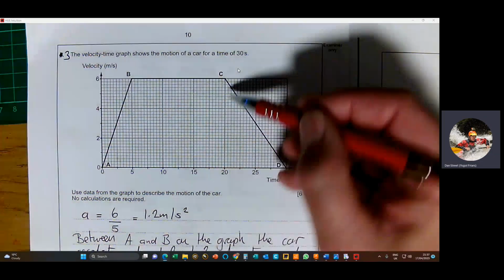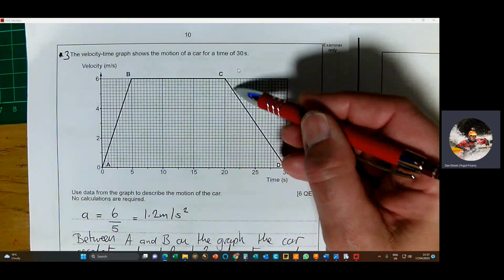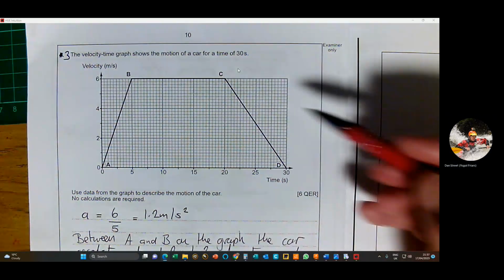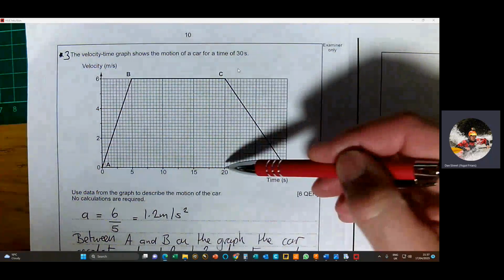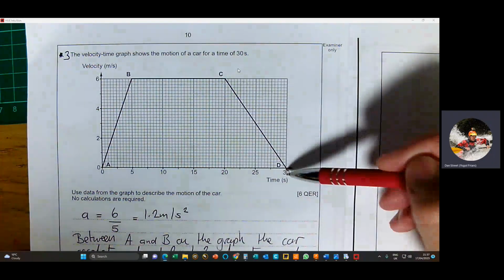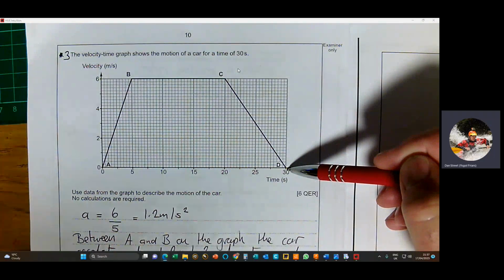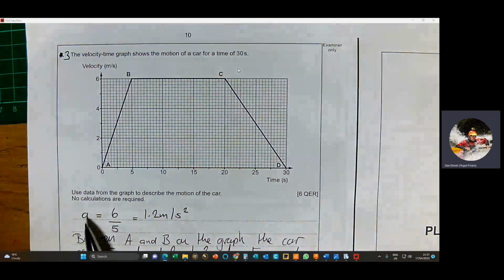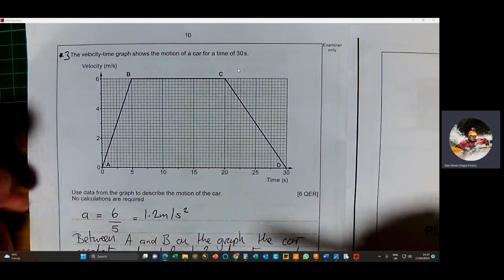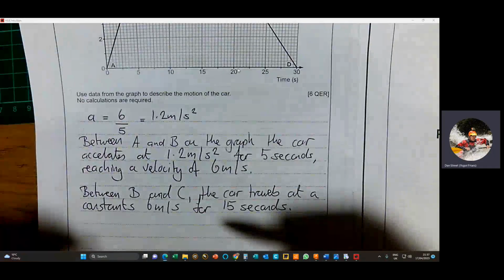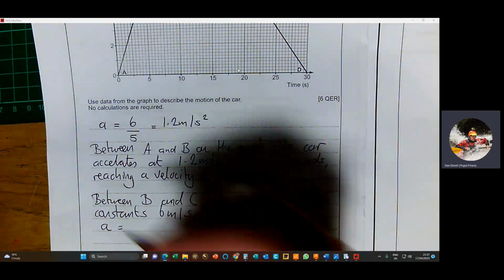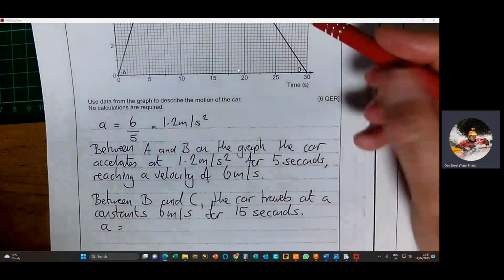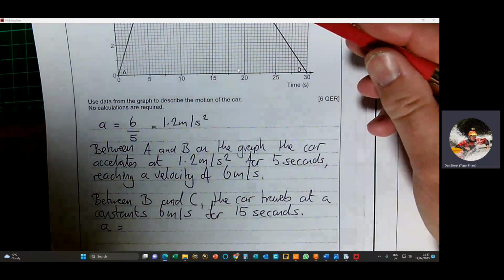And then the final section of the journey, the car decelerates from 6 to 0, but this time the time period is from 20 to 30 seconds, which of course is 10 seconds. Now, if we use a similar equation to previously, except this time we need to remember that it's a deceleration, but we still tend to use the letter A. To show it's a deceleration, the change in velocity is negative.